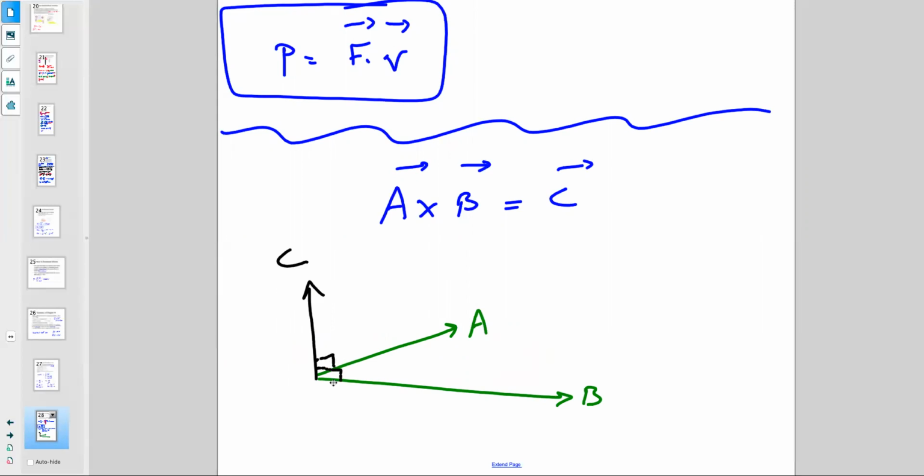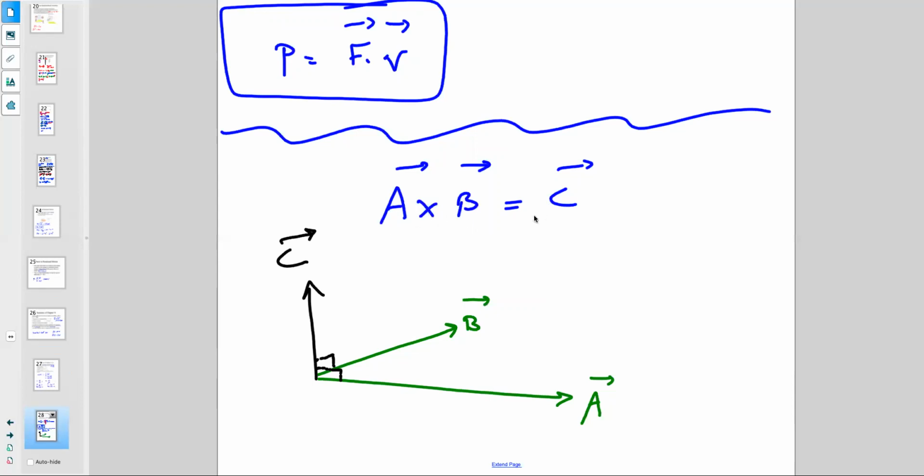This is also a 90-degree angle. So you have to have your four fingers along the direction of A, curl them towards B, and then your thumb will show the direction of C if you're making a cross product, A cross B equals C.